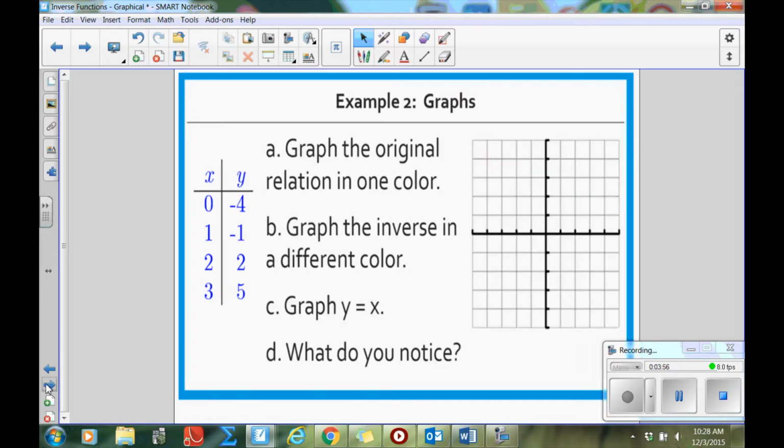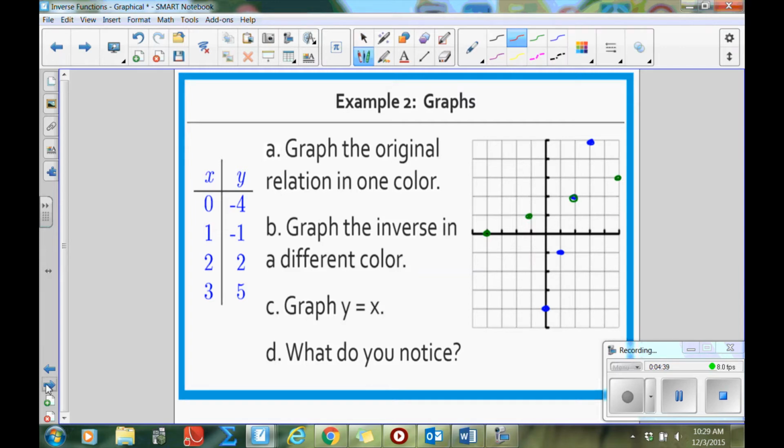Let's graph those 4 ordered pairs. I'm going to graph them in blue. I'm going to reverse the ordered pairs mentally and graph those in green. And I'm going to graph the y equal x line.